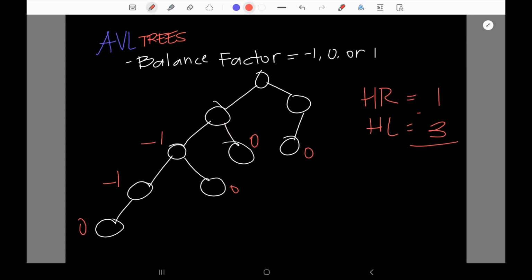So 1 minus 3, -2. So it doesn't fall on the parameter of being an AVL tree. Kaya ang balance factor sa AVL tree kay -1, 0, or 1. So -2 yung balance factor.